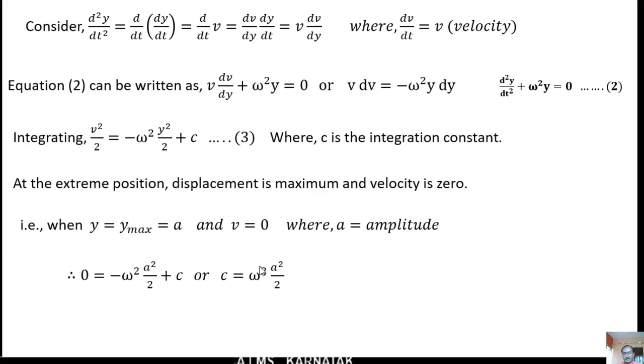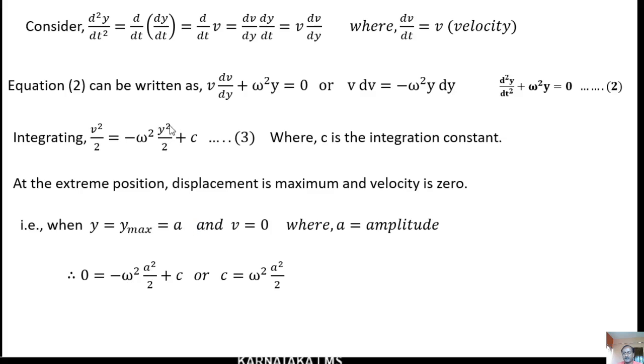Therefore, in equation 3, substitute the values to obtain the integration constant: 0 equals minus omega square into a square by 2 plus c, where y is replaced with a.